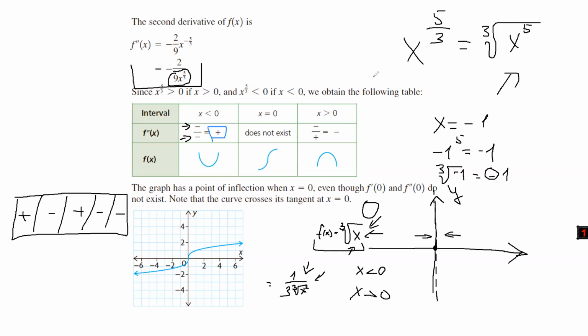Okay. So the first derivative is for the critical point. That's what you would find. How would you find the critical point? You find the first derivative of the problem, and then you would substitute it for 0.